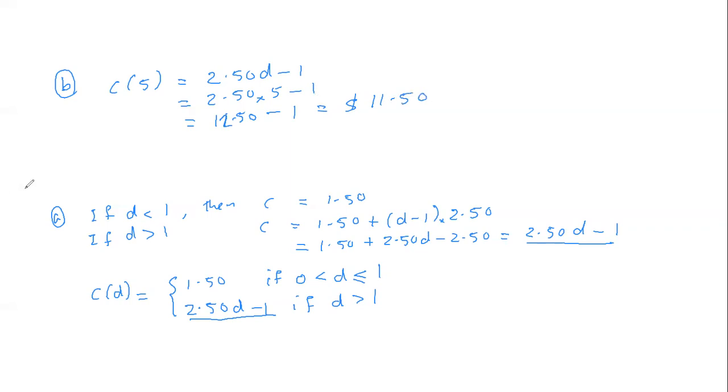Okay. In part C, it's similar. In part C, it's asking how many miles? 8.3 miles. So it is again greater than 1. So in part C also we use the same equation, 250 times d minus 1.